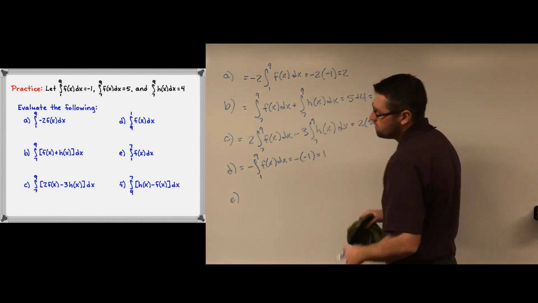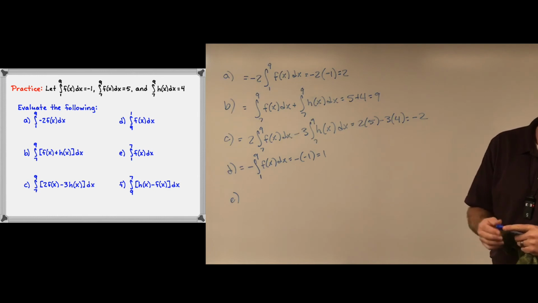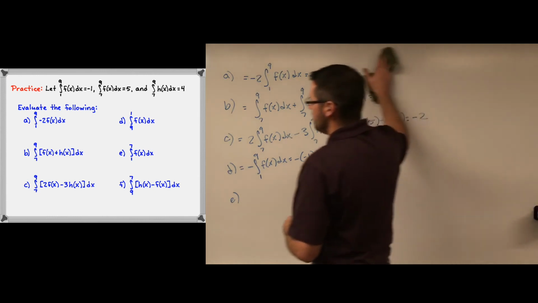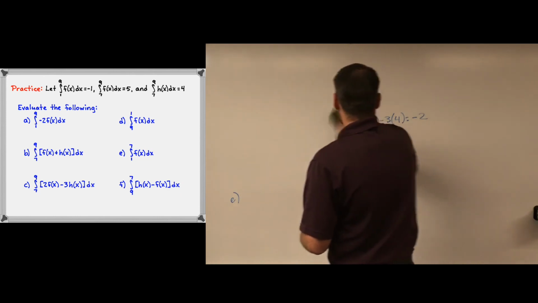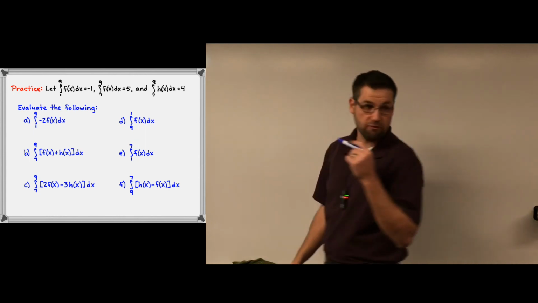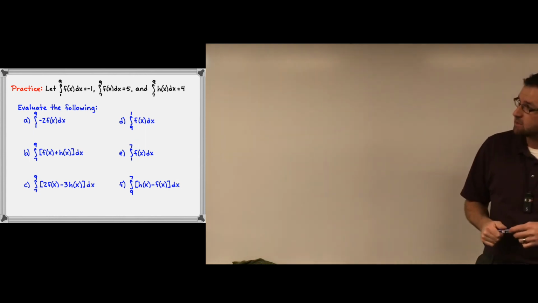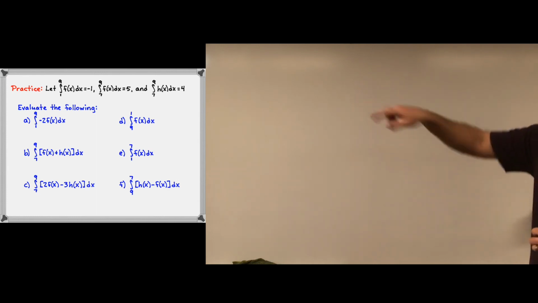And then E is a little bit more complicated, just a little bit, right? Because we notice that we don't have simple things where the limits are exactly where we want them. I want the integral from 1 to 7 of f of x dx. Now I'm going to ignore the last one and focus on the first two.